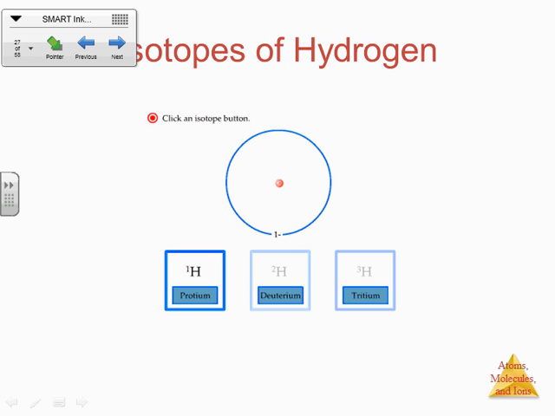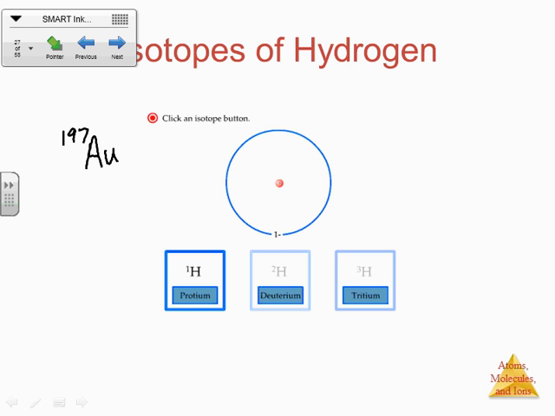Okay, let's do a sample problem here. How many, and I'm just going to use this screen to do it, how many protons, neutrons, and electrons are in an atom of 197 Au? Okay, so gold has a mass number of 197.